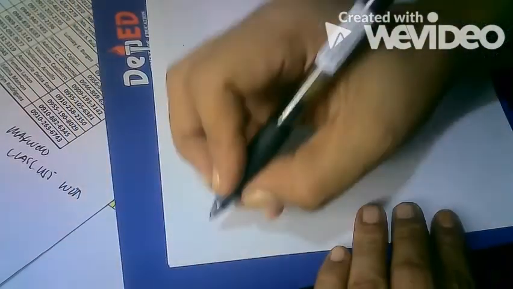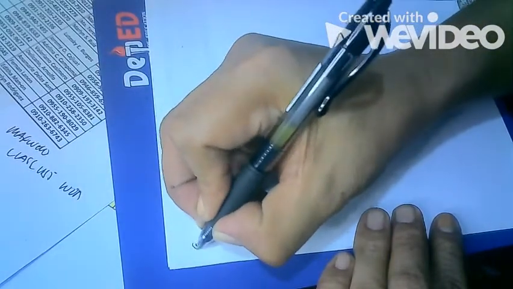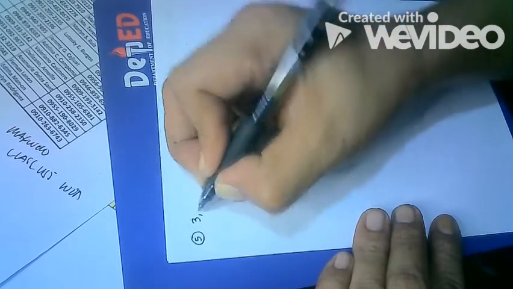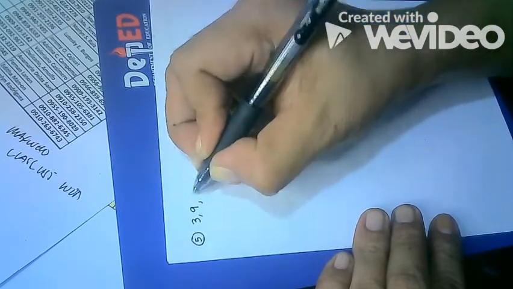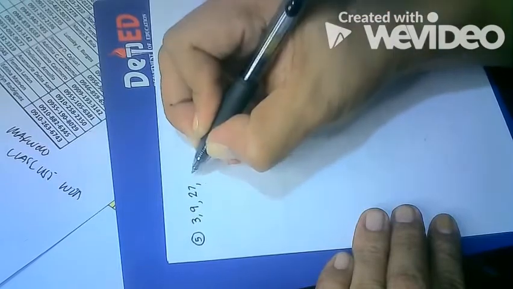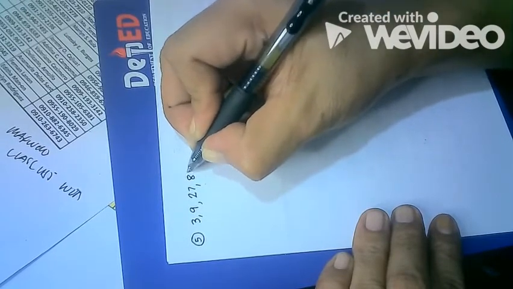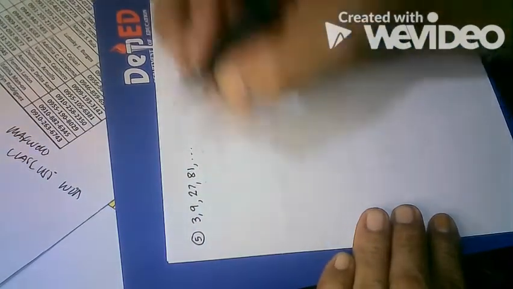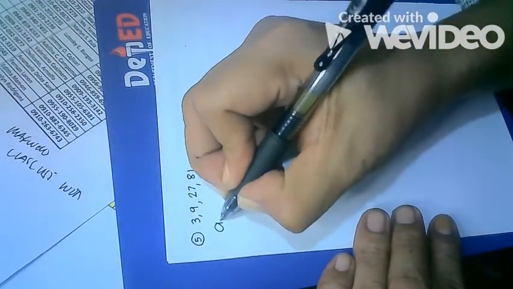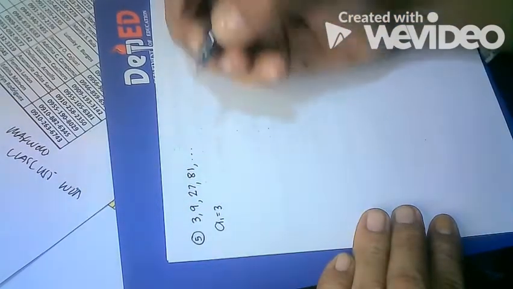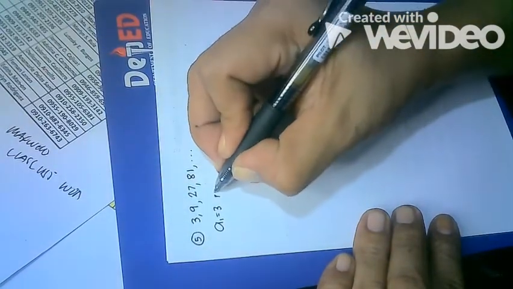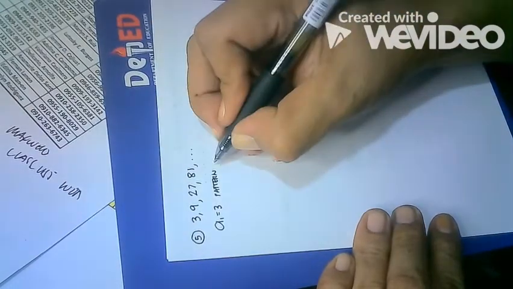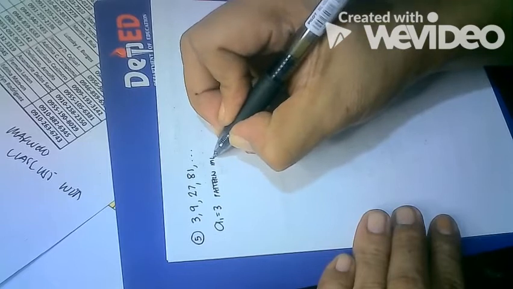So let's start with example number 5. Let us say we have 3, 9, 27, 81, and so on. So this time your a sub 1 is 3, and the pattern is multiplying by 3.